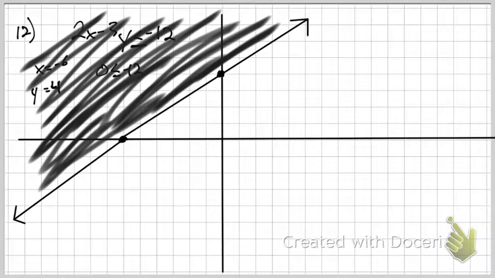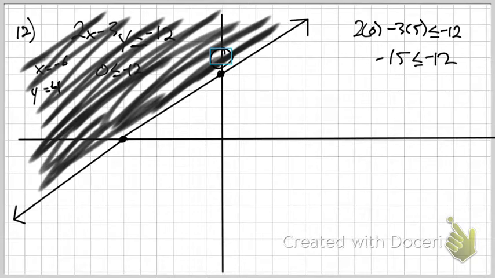So if you want to test this point right here, 0, 5. So 2 times 0 minus 3 times 5 needs to be less than or equal to -12. So -15 is less than or equal to -12. Is that true? Yeah, so it's in the shaded spot.